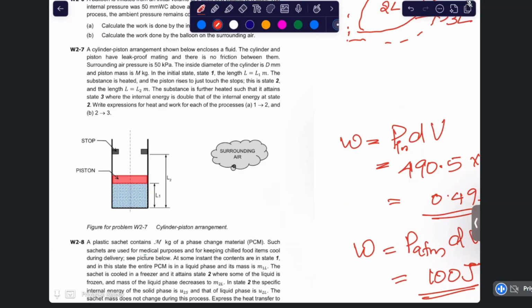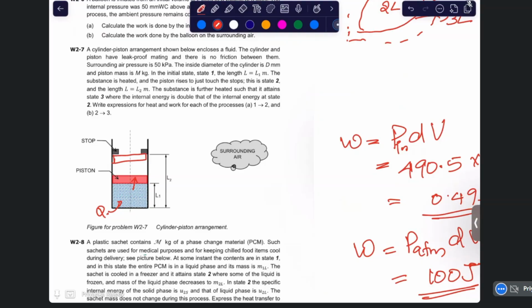Then with this heat supplied, the substance expands and pushes the piston upwards. So this heat is converted to work without any change in internal energy. Whatever heat is supplied is directly converted into work, pushing the piston upwards, and finally it reaches L2 distance.